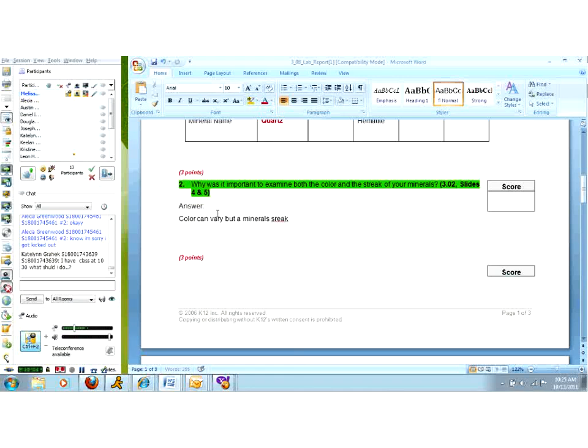So color can vary, but a mineral's streak is always the same. All right, and we talked about this last week also, so go ahead and get number 2 filled in. Color can vary from rock sample or mineral sample to mineral sample, but a mineral streak is always the same.